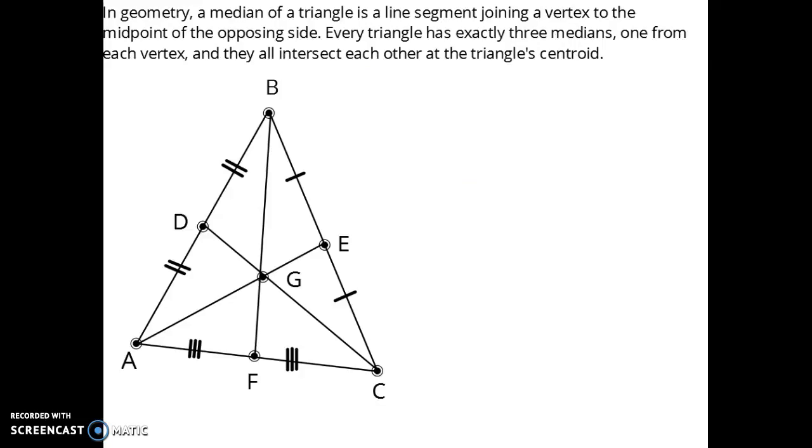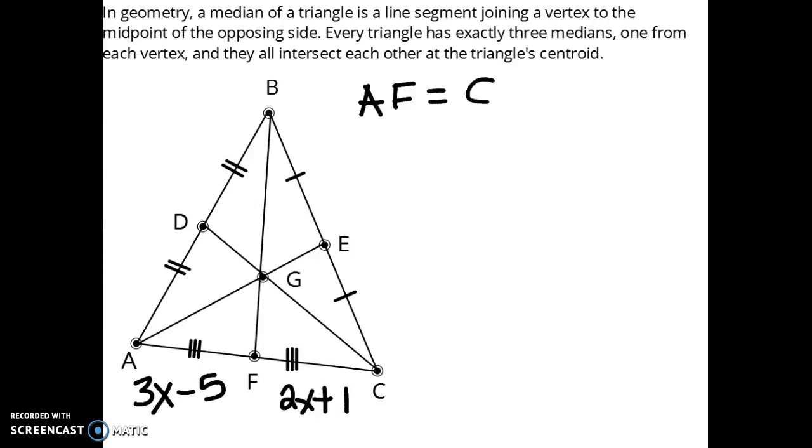Let's say FC is 2x plus 1, and then AF is 3x minus 5. What would I need to do if I was finding x? Being that BF is the median for this triangle, I know that AF is equal to CF by definition of a median.